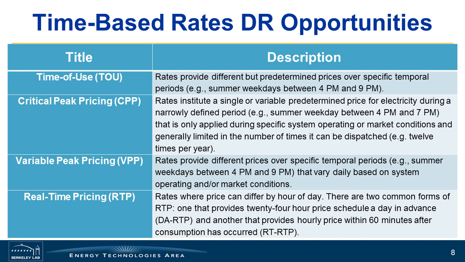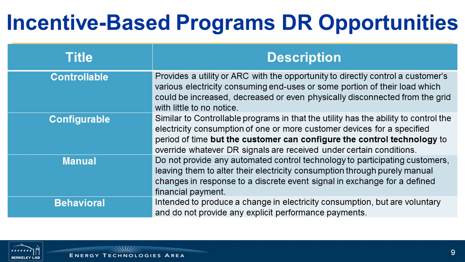So we really do, within this study, focus on dispatchable resources. And that takes us to incentive-based programs. So from the previous slide, we have critical peak pricing and variable peak pricing, which are dispatchable. And then here we have controllable and configurable type DR opportunities that are also dispatchable.